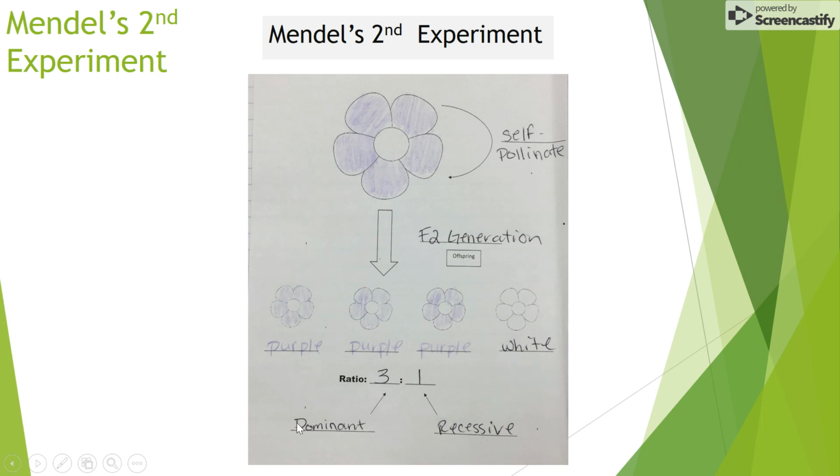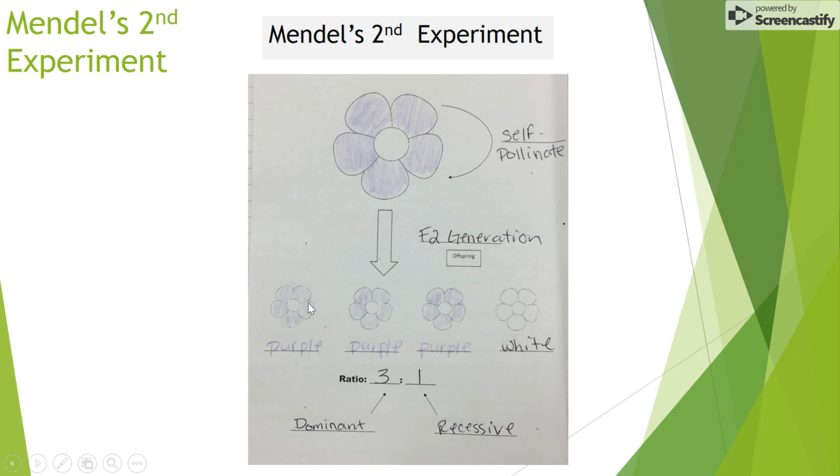The way I like to remember the difference between dominant and recessive, you think of the dominant trait being like a big bully, right? A big bully in school, he pushes everybody around, he gets his way, and anytime the dominant guy is around, he's going to make himself known.